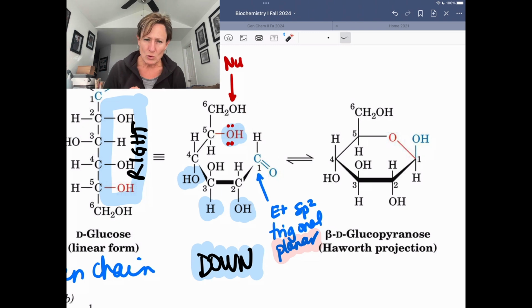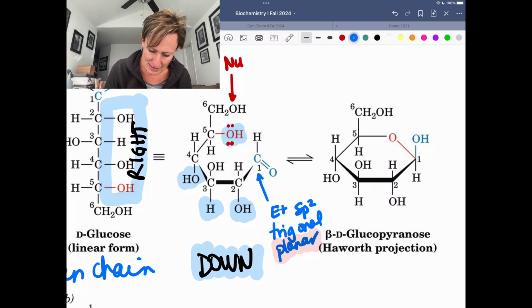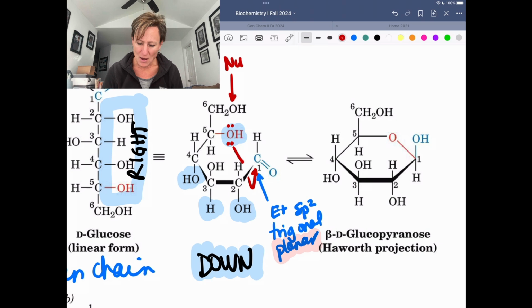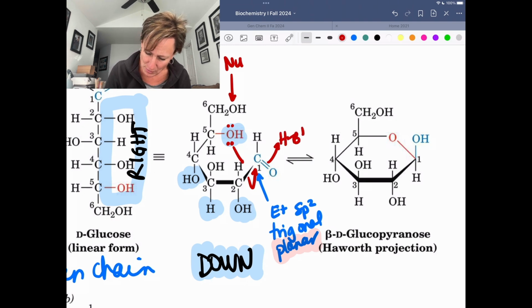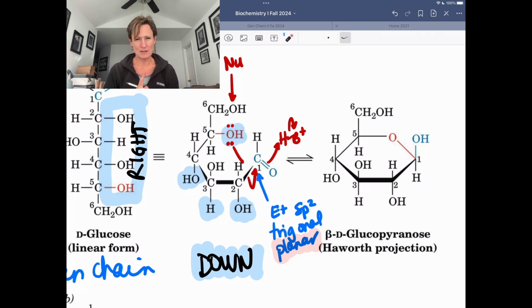I'm going to draw in my nucleophilic attack, in this case coming from the bottom face. That's going to mean that when these electrons grab a proton to be protonated, that OH group is going to be in the up position.